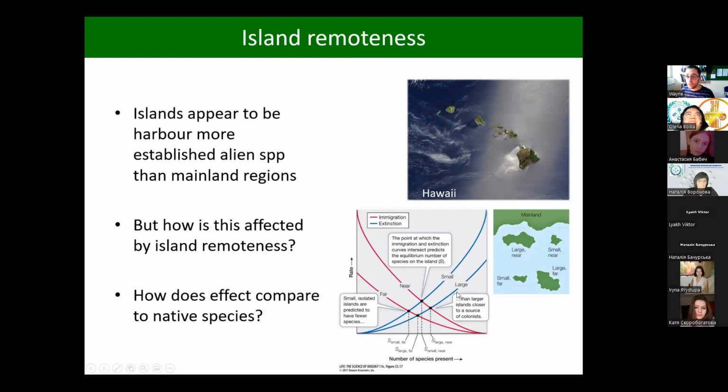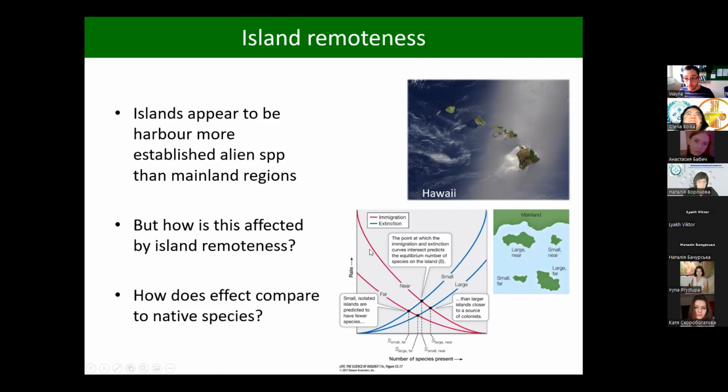And that's because populations are larger, they're more likely to survive demographic and environmental stochasticity over time, so they can harbour more species than smaller islands as a result. So on larger islands, extinction rates are lower, and so you may expect there to be more species on those larger islands.